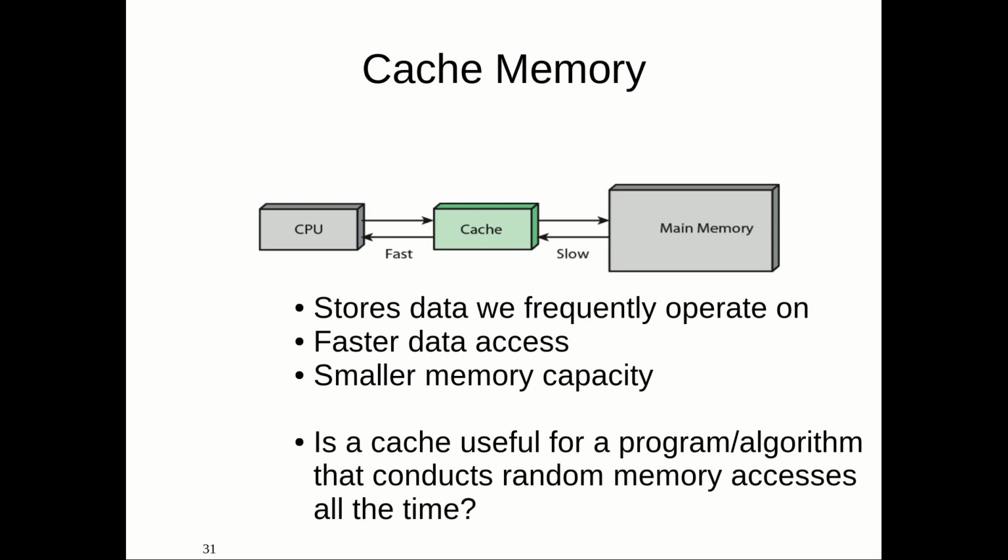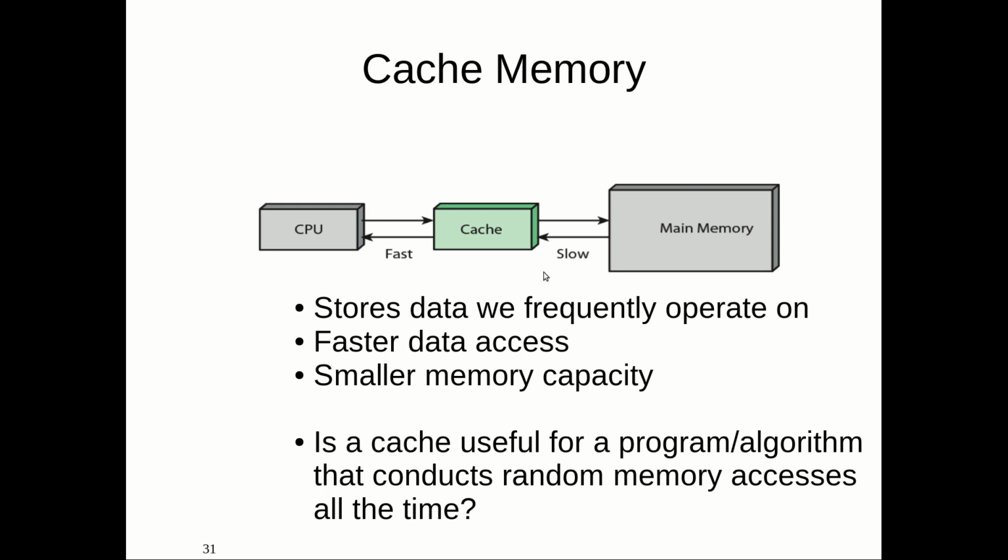Right, so the question here is, is such a cache memory useful for a program or an algorithm that conducts totally random memory accesses all the time? Maybe think about this for a second. So our CPU is just doing random memory accesses all the time, requesting data from random positions in main memory, or from random addresses.